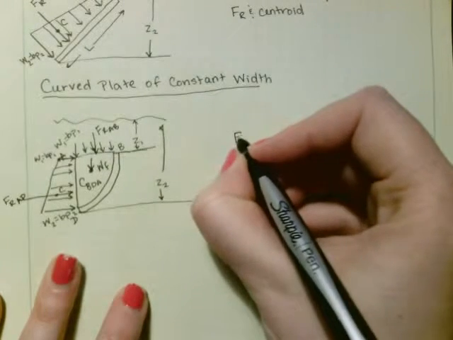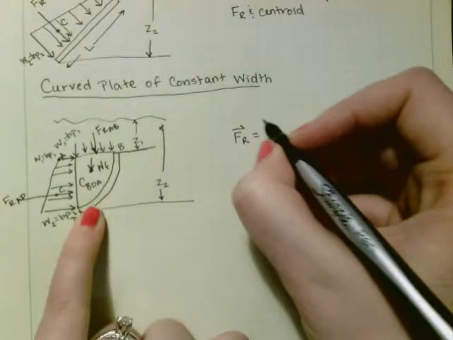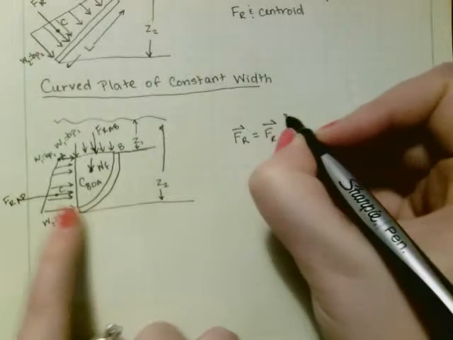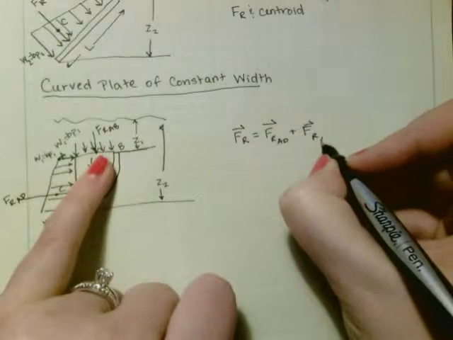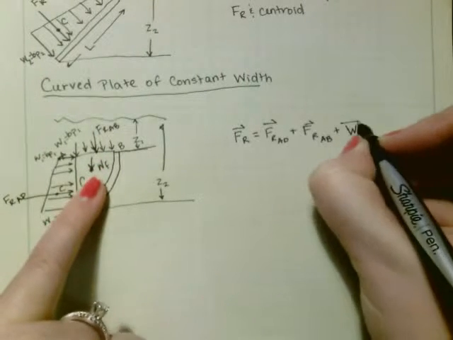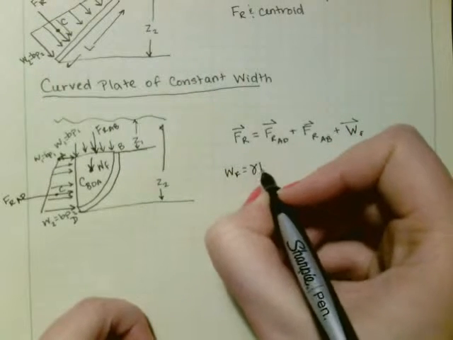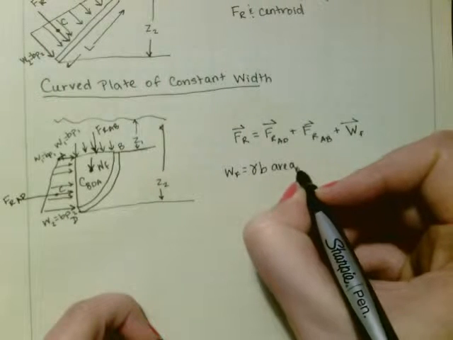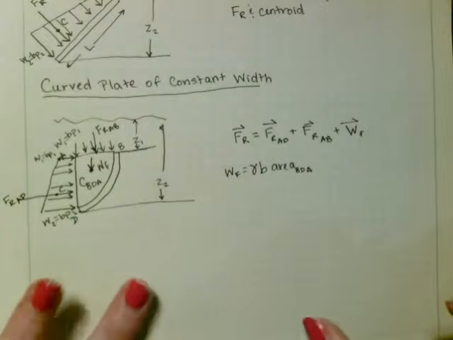So overall, your resultant force on this curved plate is going to be F, the resultant force for AD, and then F, the resultant force of AB, and the weight of your fluid. Like I said, the weight of your fluid can be determined by the specific gravity times the width B times the area of BDA.